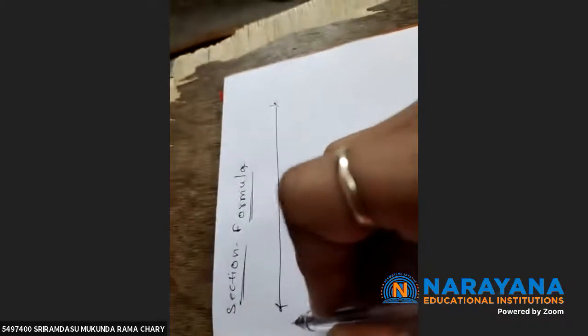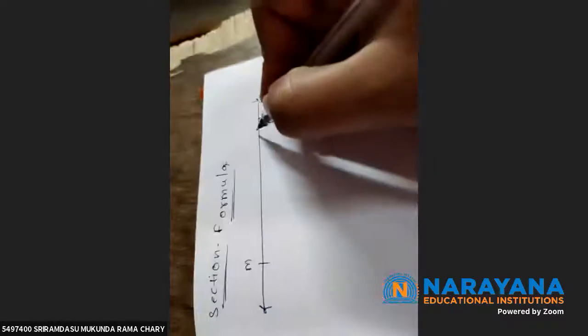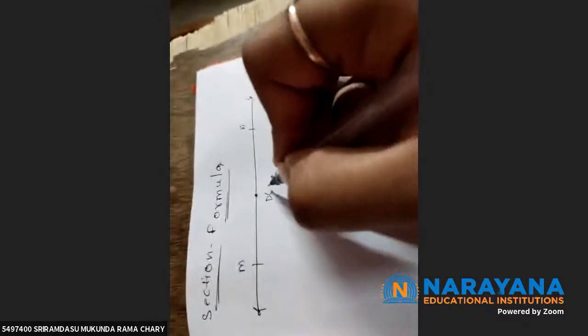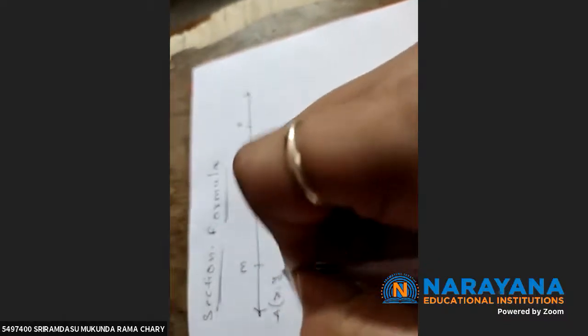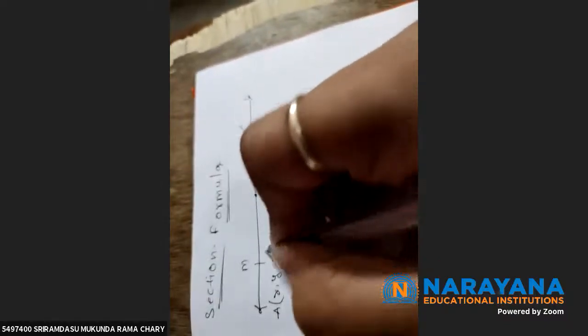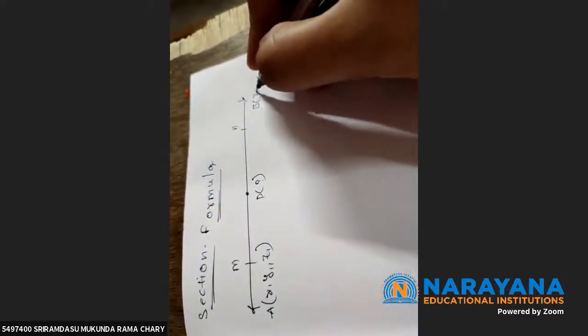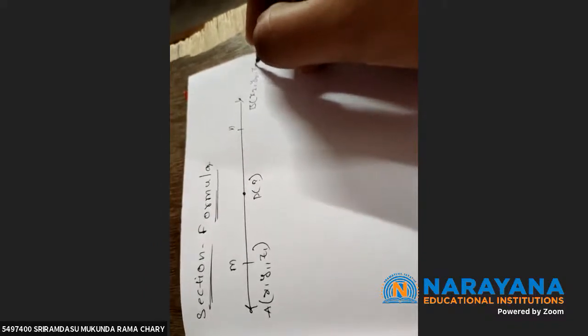This is the line, and we have M and N, and then find the point P of question mark, with A of x1 comma y1 comma z1 and B of x2 comma y2 comma z2.